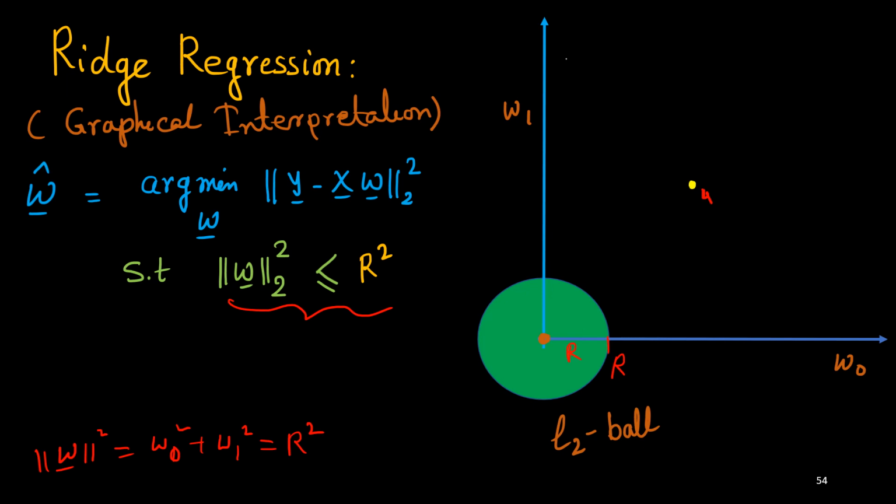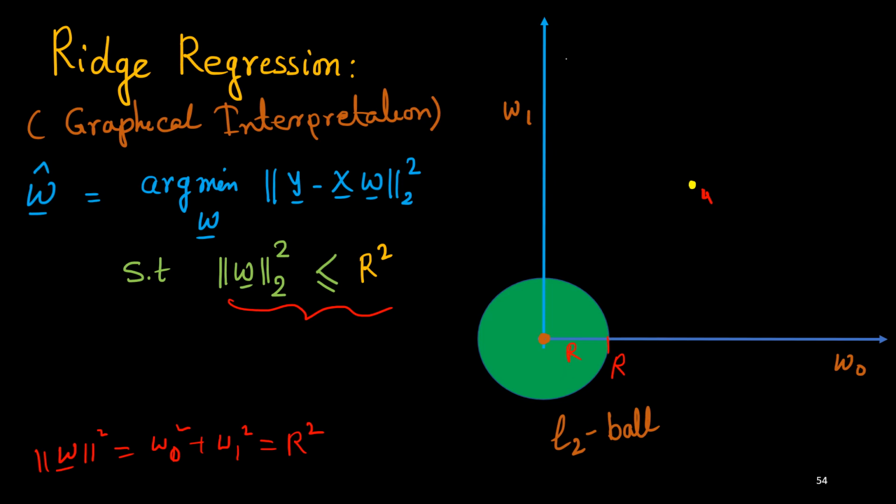If it's two-dimensional, it is a circle. If it's three-dimensional, it's a sphere, because W0 square plus W1 square plus W2 square equals R square. It's a sphere with radius R. And if it is higher dimensional, then it is generally called an L2 ball. So this constraint is an L2 ball, and our solution point should be within or on the surface of this L2 ball.